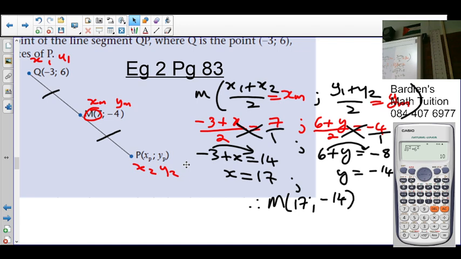You see where they made a mistake? They got 7 is equal to xp minus 3 over 2. And then when they cross multiply the 2, they said 14 is equal to xp plus 3. Did you see that? It was supposed to have been minus 3.